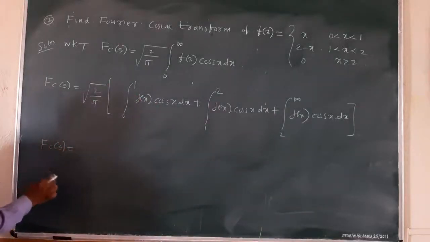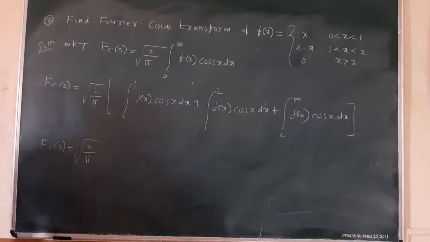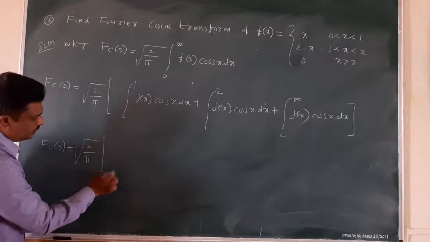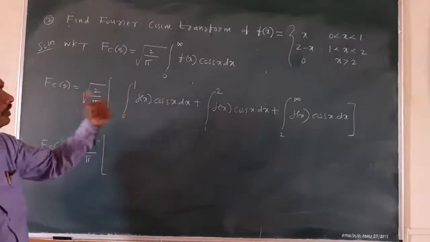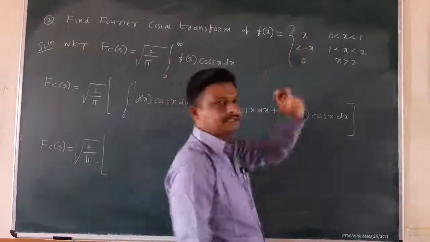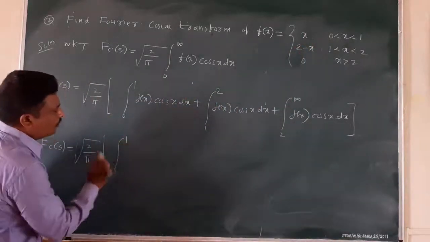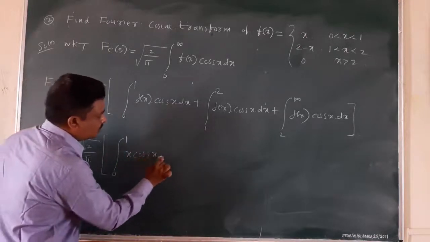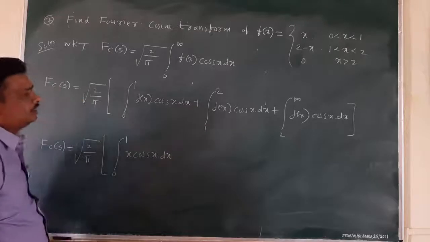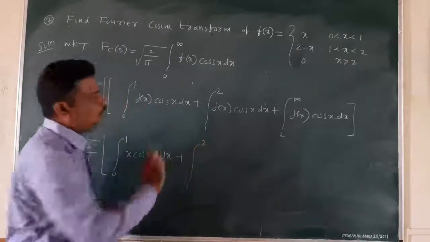So Fc of s is equal to square root of 2 upon pi integration. Between 0 and 1, f of x is given by x. So this is integration 0 to 1 x cos sx dx plus integration 1 to 2.